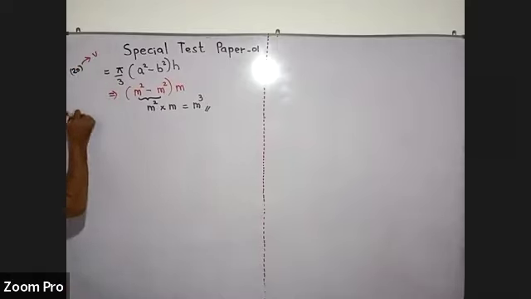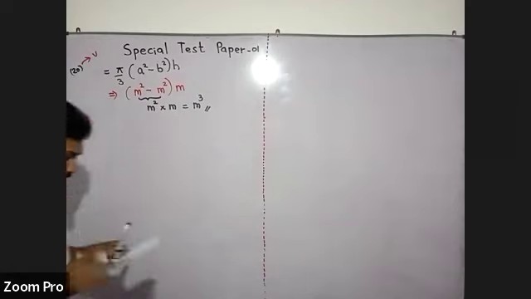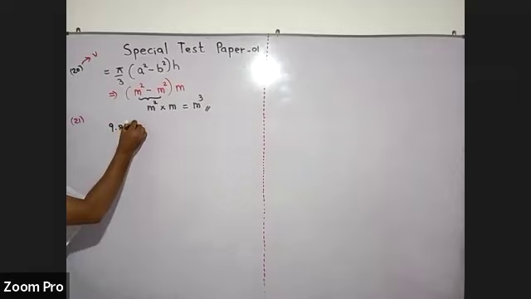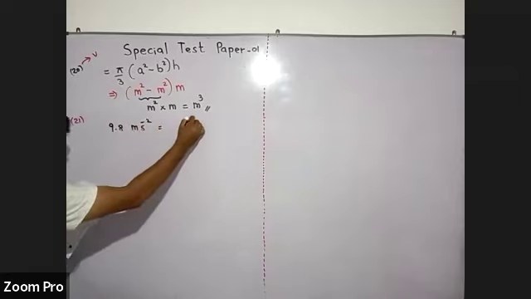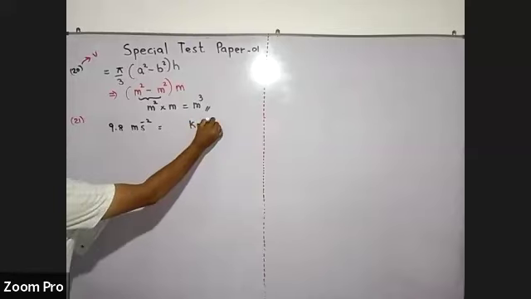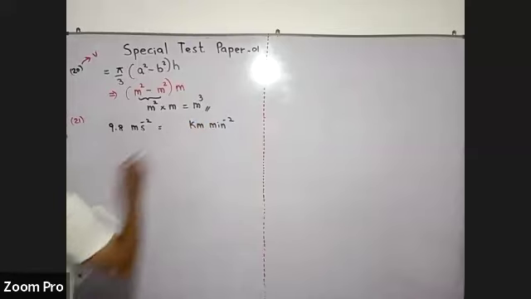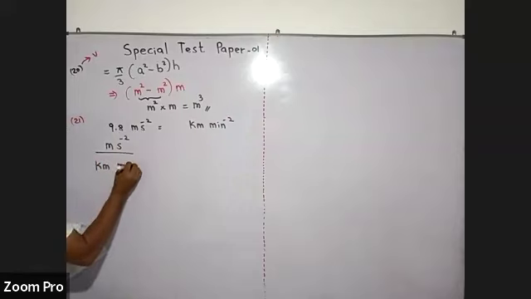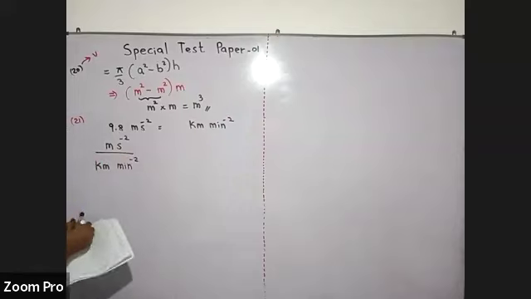Right. The 21st question. So there's another unit conversion. You have to convert this unit into kilometers per square minutes, right? Okay, now the normal procedure is m divided by km, right?